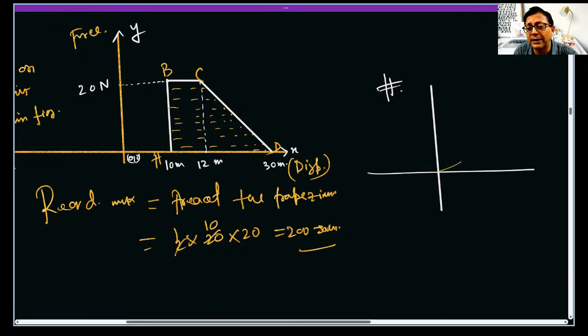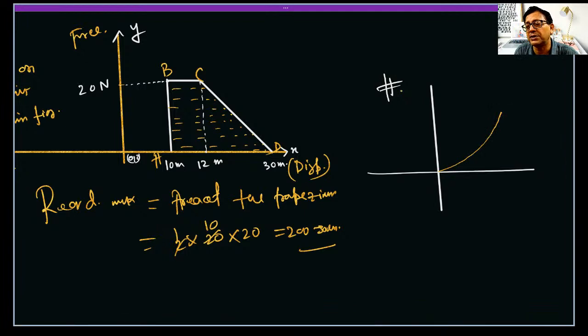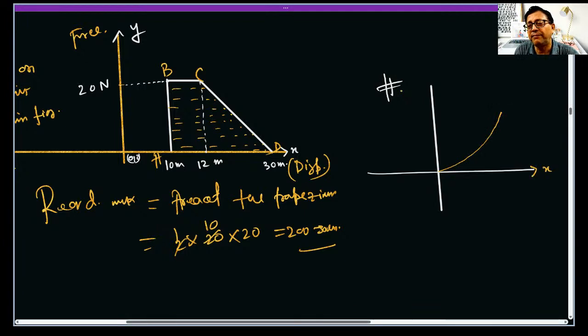Force acting on a particle changes according to this graph, F versus X. Force changes with displacement according to this curve, that is, say I am writing x square equal to y by 4. Changing according to this relation.